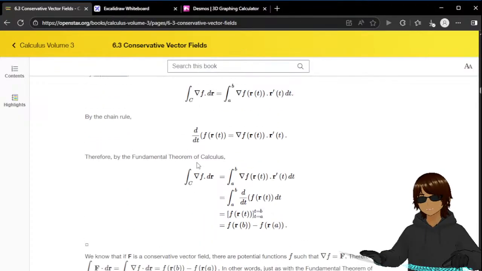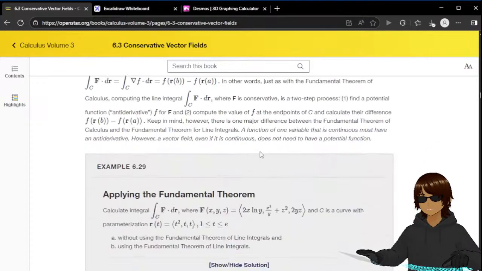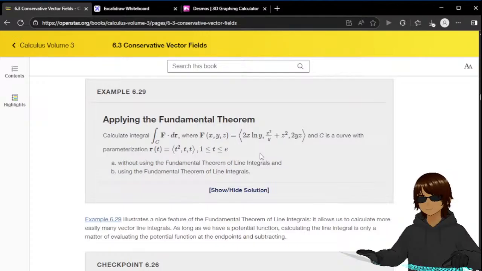By the fundamental theorem of calculus, we have this, and this is from a to b. Applying the fundamental theorem.